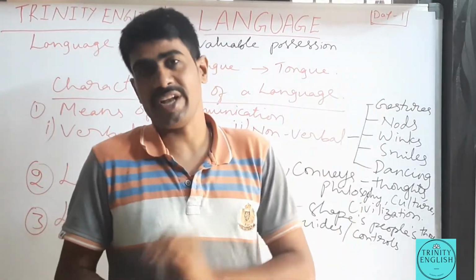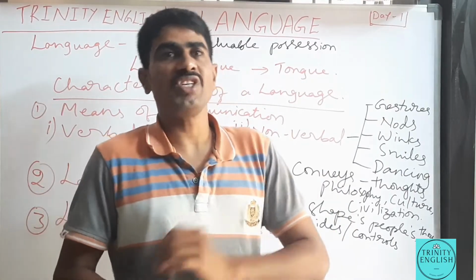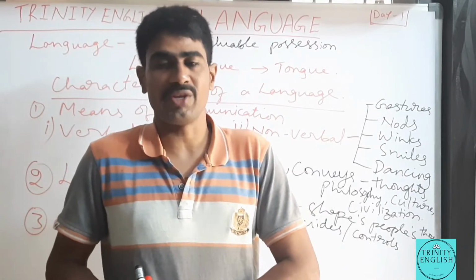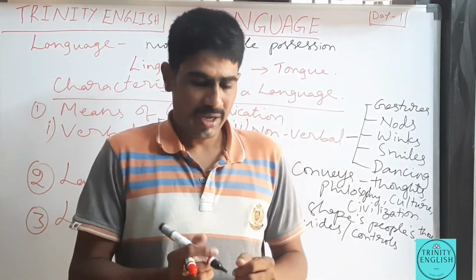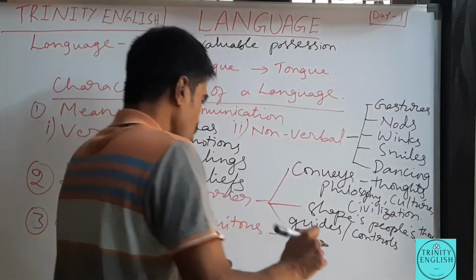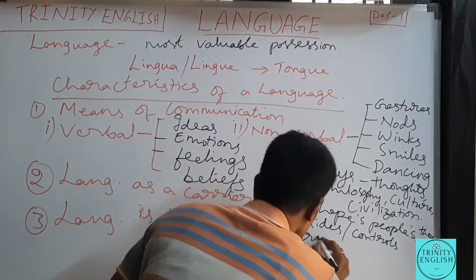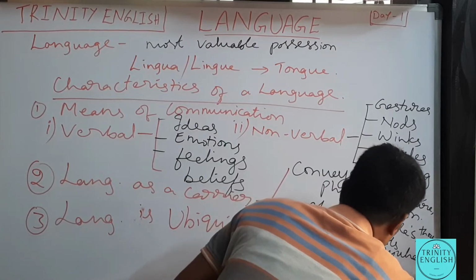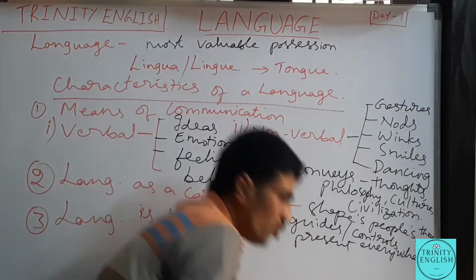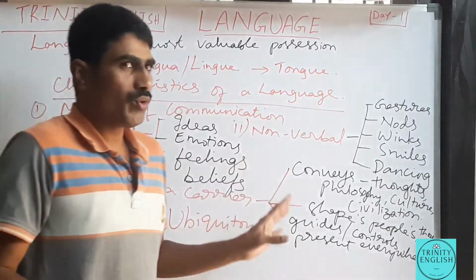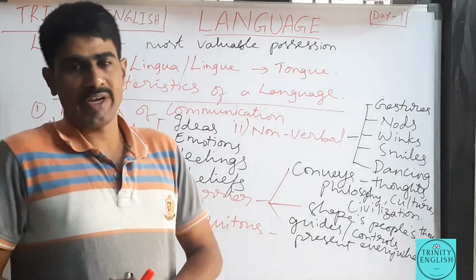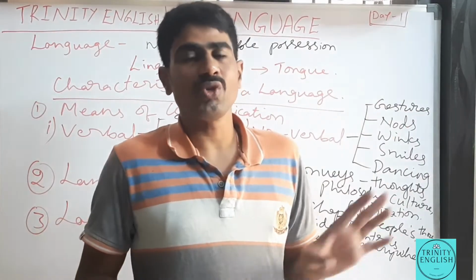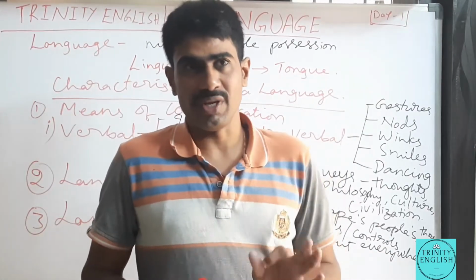Language is present everywhere. If language is not present everywhere, then definitely we are unable to communicate ourselves. And we also speak about how important language is. As air is very important to human beings, language is also very important to us.